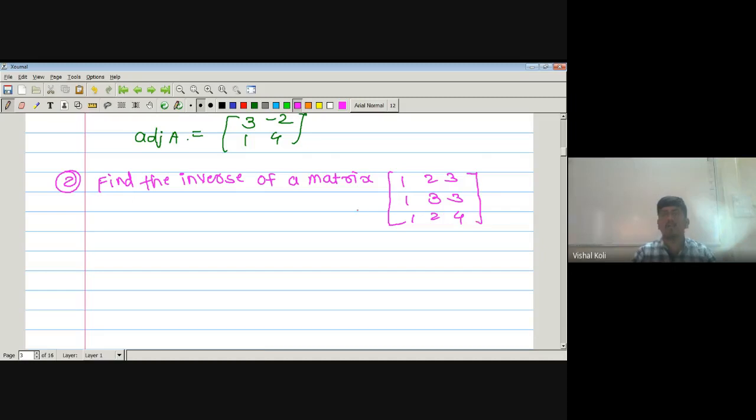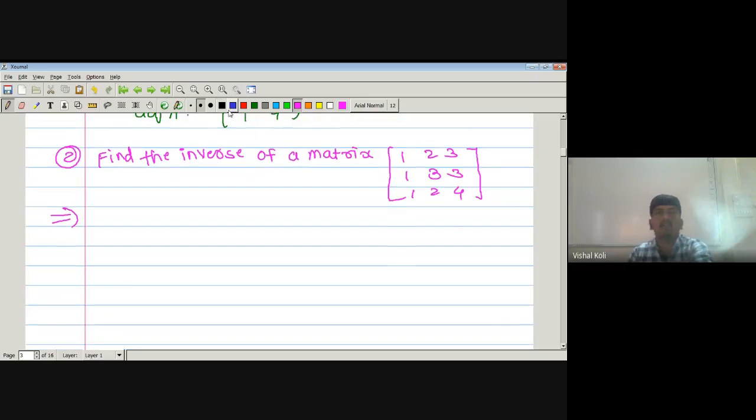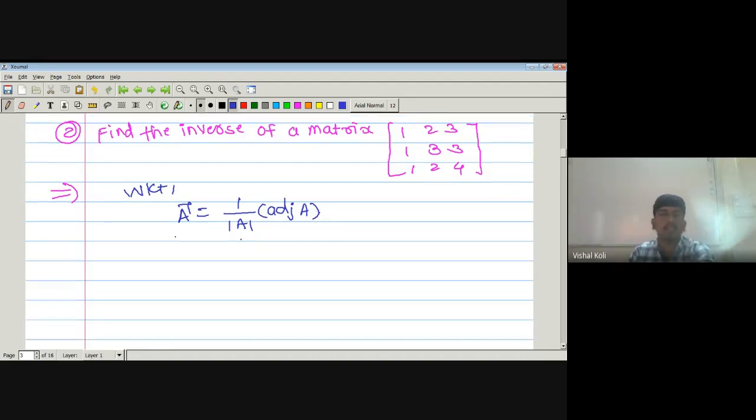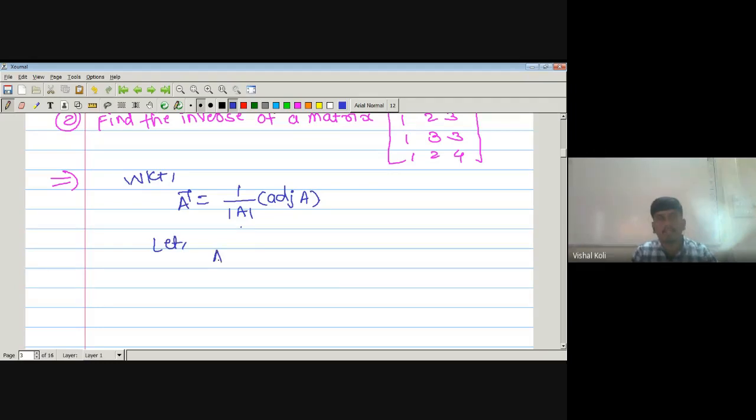So we have this matrix and we have to find out its inverse, and we know that the inverse of a matrix A is nothing but 1 upon determinant of A into the adjoint of matrix A. So for the inverse of a given matrix we require the determinant of A and the adjoint of the given matrix A. So let A be the given matrix 1 2 3, 1 3 3, 1 2 4.